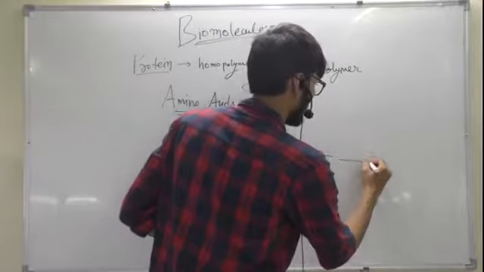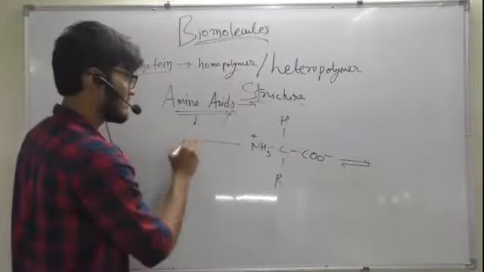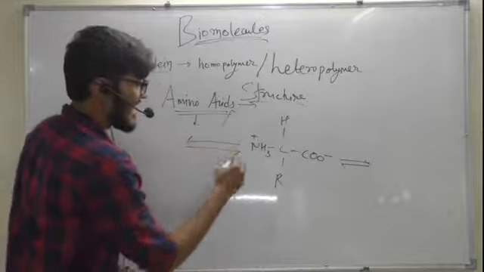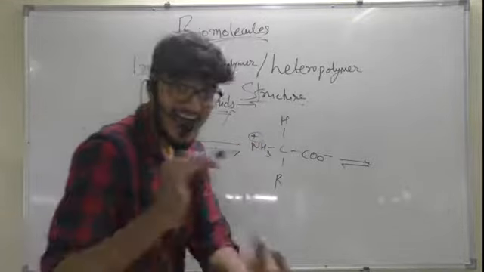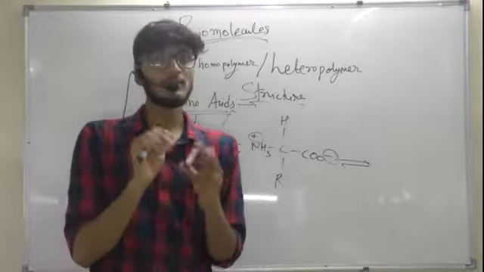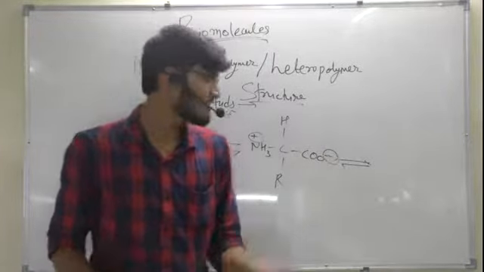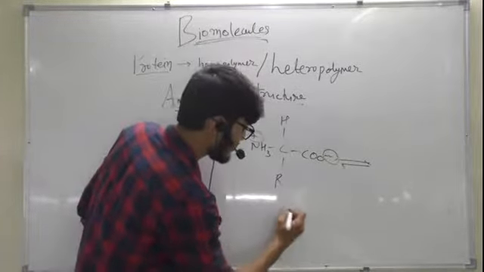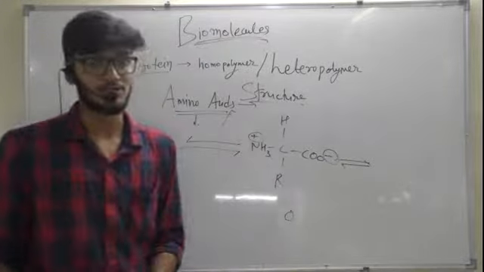So this amino acid, as you can see, has a positive charge as well as a negative charge, which will eventually neutralize each other, giving it a net zero charge.